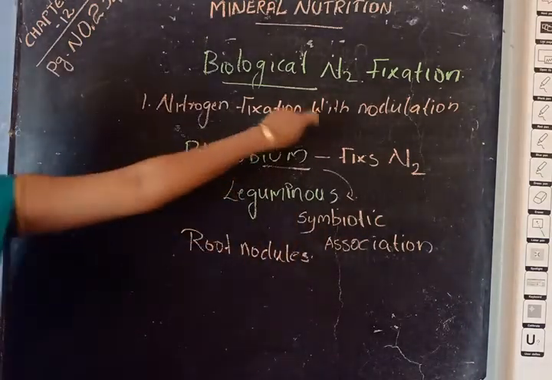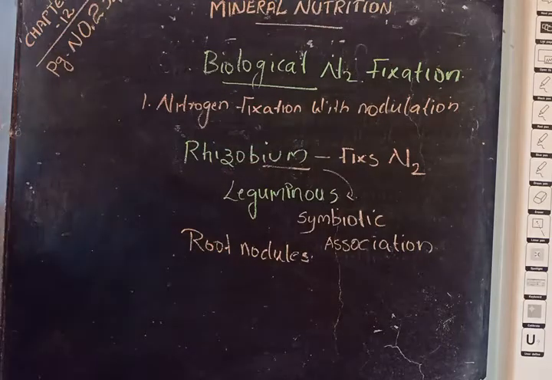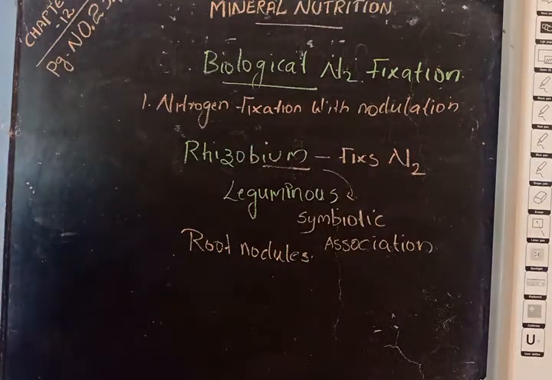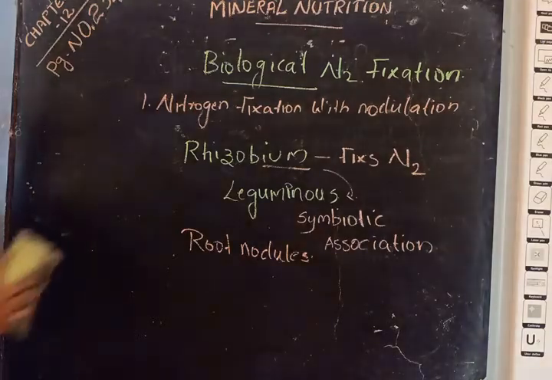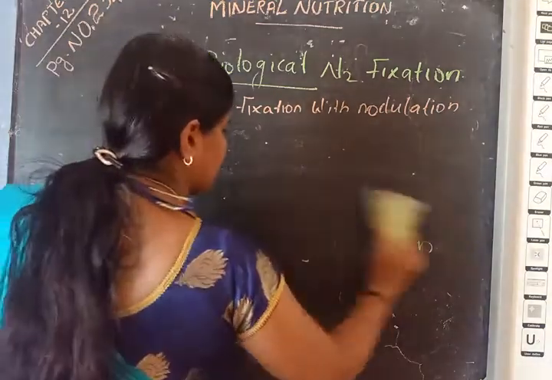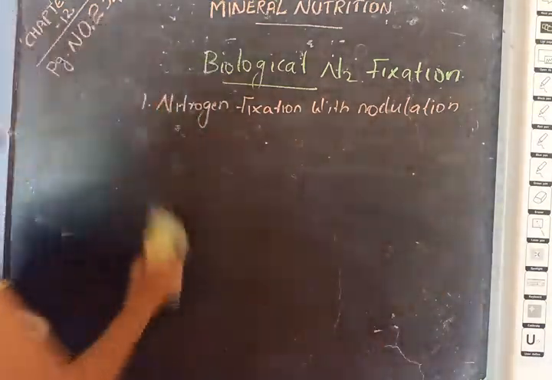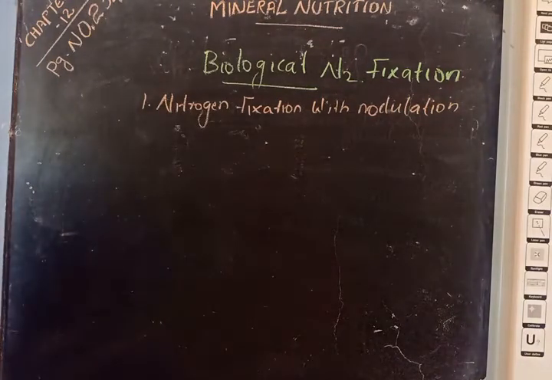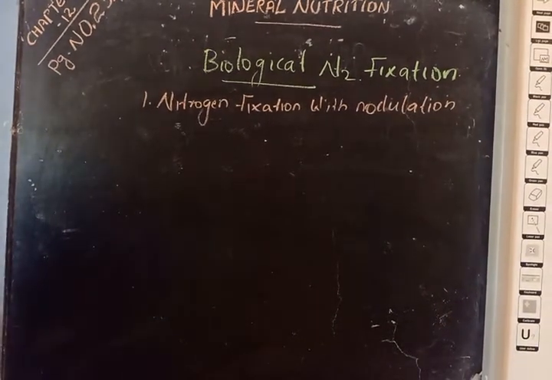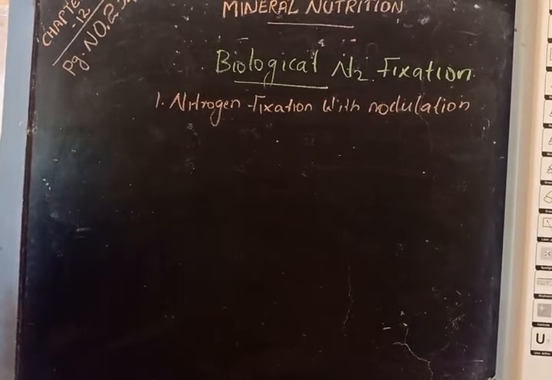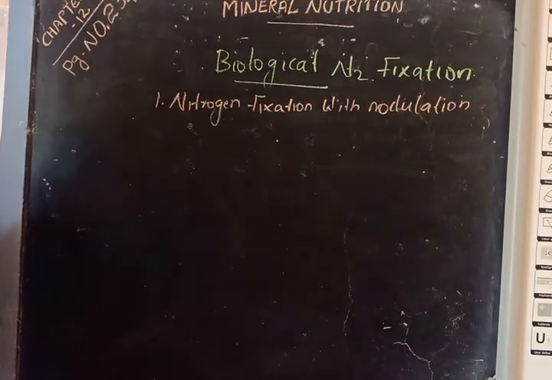That's why it is called nitrogen fixation with nodulation or nodule formation. Root nodules are formed due to the bacterial infection by Rhizobium. Rhizobium enters into the root cells or the host cell and divides. It remains separated from the host cytoplasm by a membrane.